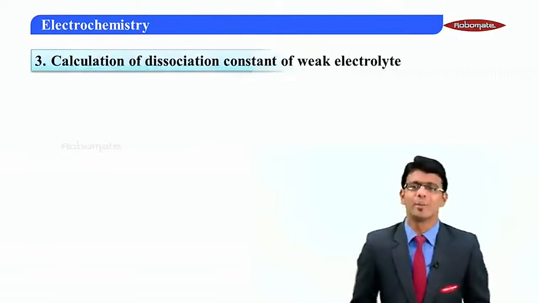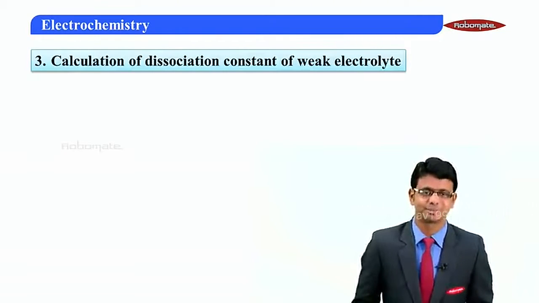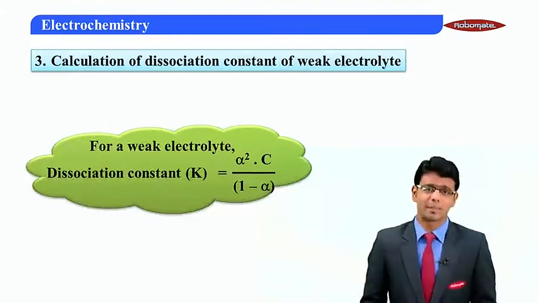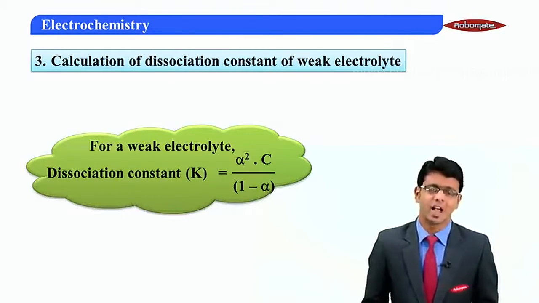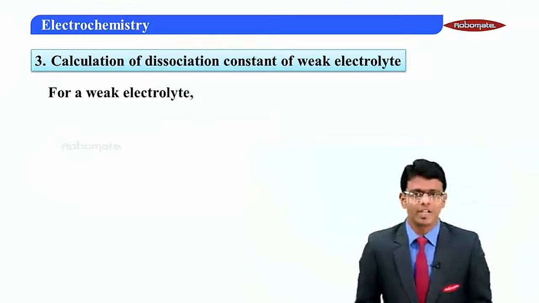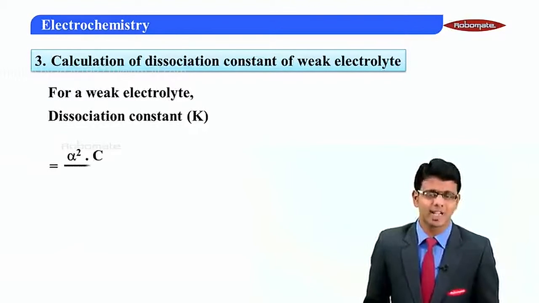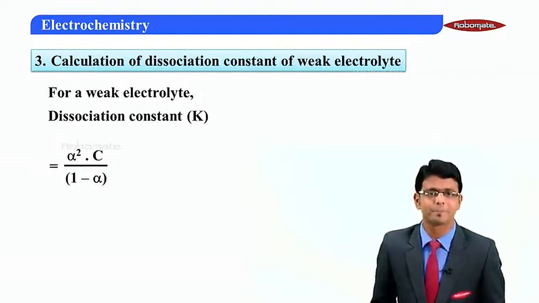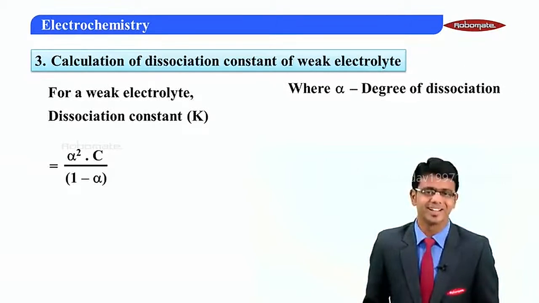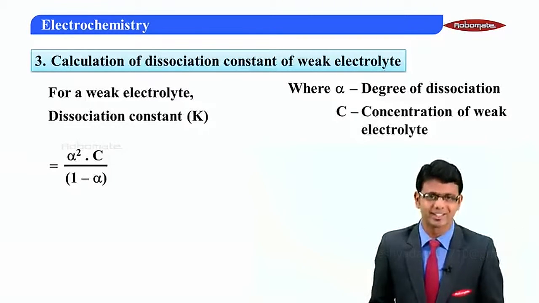It is used to determine the dissociation constant of a weak electrolyte. Students, we know that for a weak electrolyte, the dissociation constant is mathematically expressed as alpha square C upon 1 minus alpha, wherein alpha is nothing but the degree of dissociation, and C is nothing but the concentration of the weak electrolyte.